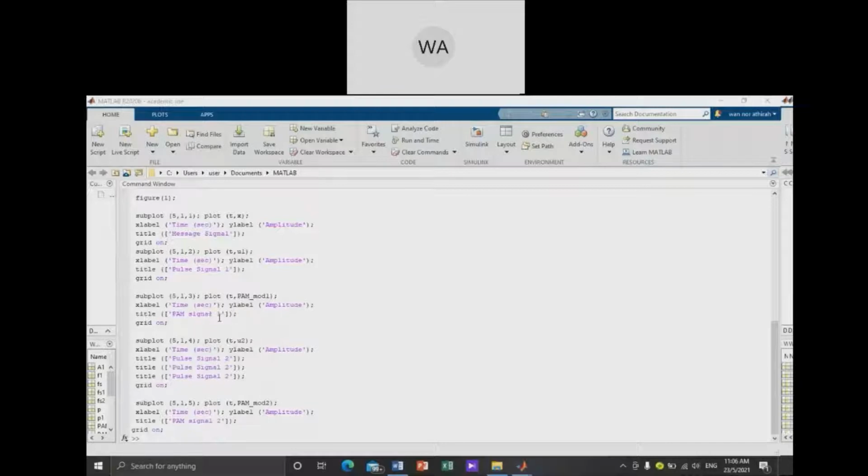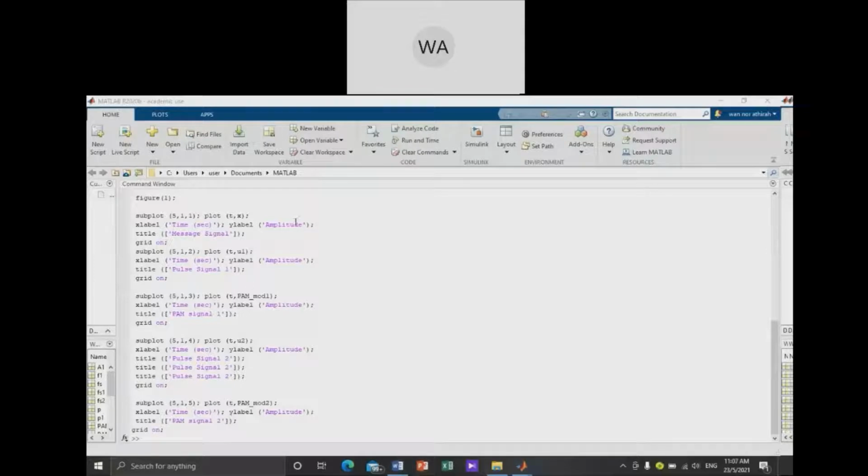Title PAM signal 1. Next is 514 plot t, u2, X label time second, Y label amplitude. Title is pulse signal 2. Subplot 515 plot t, pam mod 2, X label time second, Y label amplitude. Title PAM signal 2. Grid on.